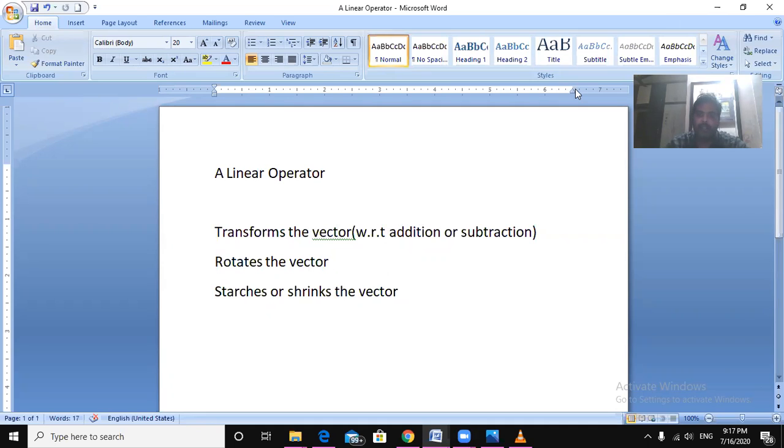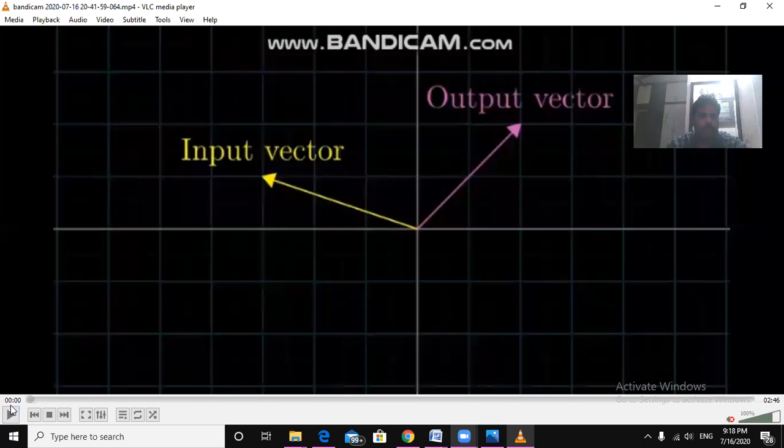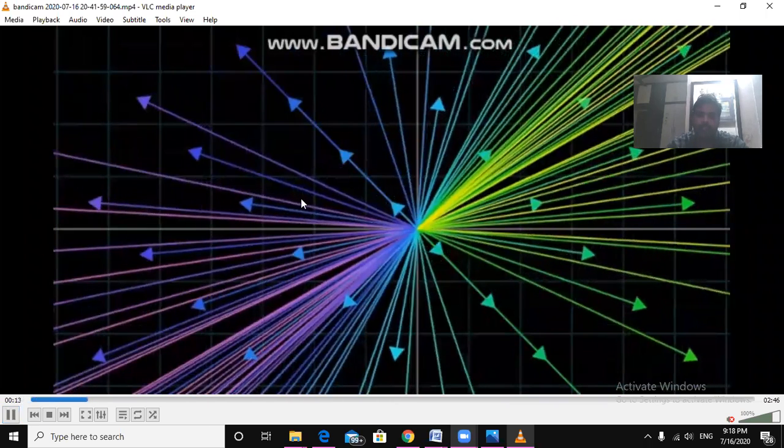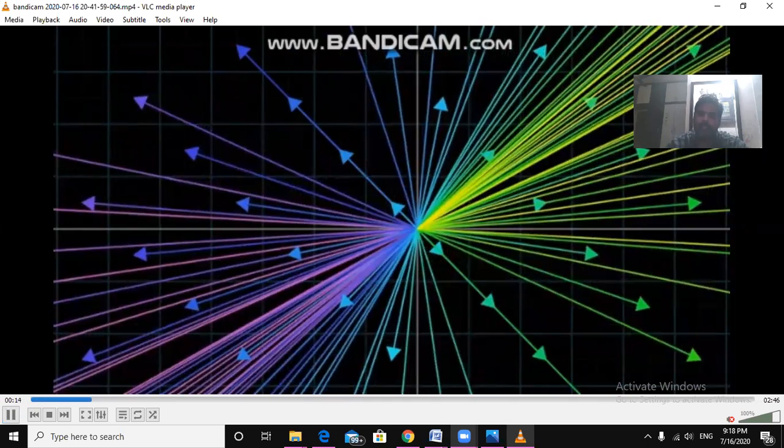So what is the meaning of this? We will see. This is a transformation. This is the input vector. Through an operator, this input vector transforms to this output vector. Whereas if you look at a bunch of vectors in this entire two-dimensional space, through this operator, all these vectors are scattered like this.